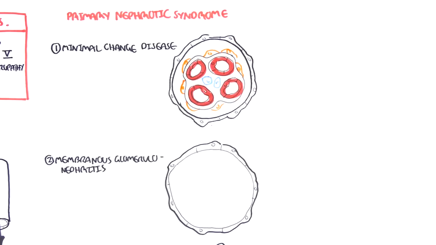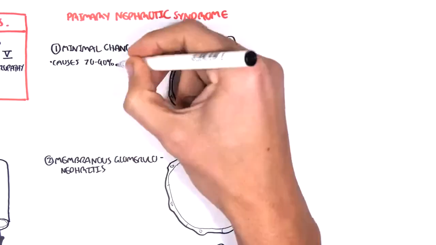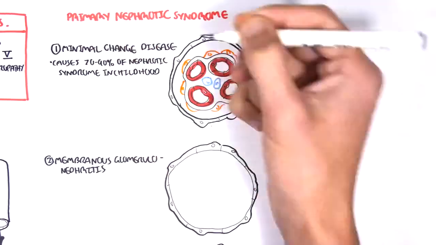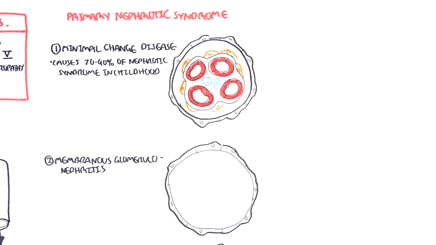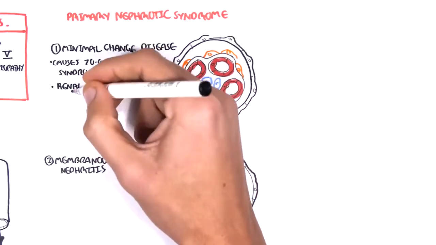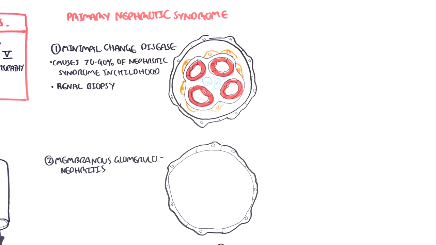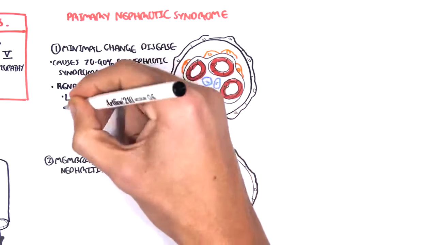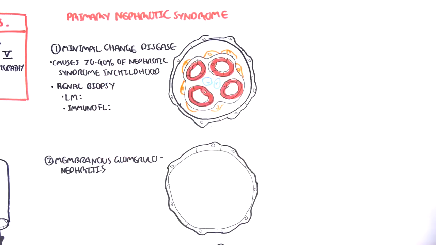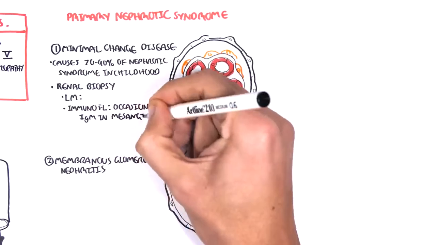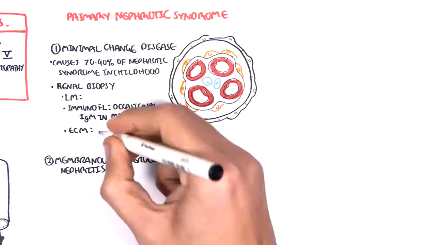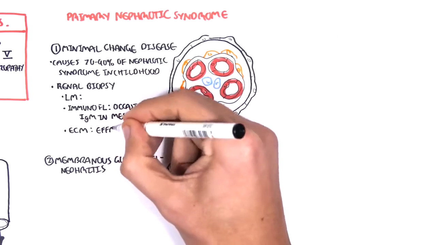Minimal change disease causes the majority, 70 to 90%, of nephrotic syndrome in childhood. Renal biopsy shows minimal change in light microscopy, hence the name. Immunofluorescence shows occasional IgM immunoglobulin in the mesangium.